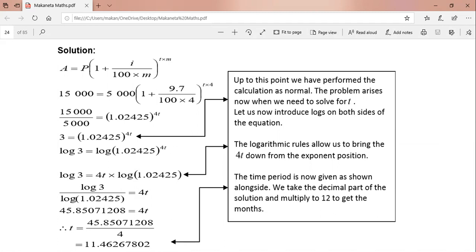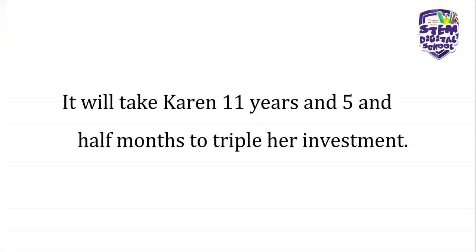And this simply means that the time period will be multiplied now by 12 to get the months. Remember that. So it will take Karen 11 years and 5.5 months to triple her investment.